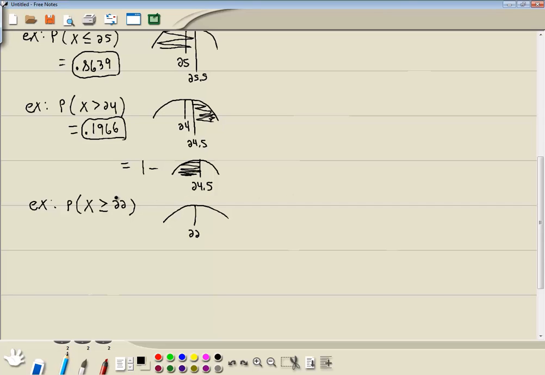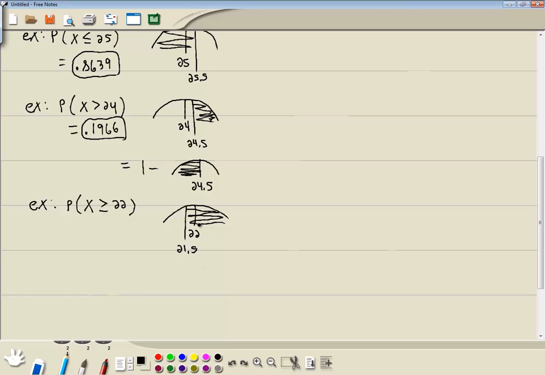We have to ask ourselves if this includes 22, which it does. X is greater than or equal to 22. So we're going to subtract 0.5, because greater than is shaded to the right. And again, if our wording here includes 22, our shading should include 22. If it doesn't, that means you did the wrong one, and you should have added 0.5.